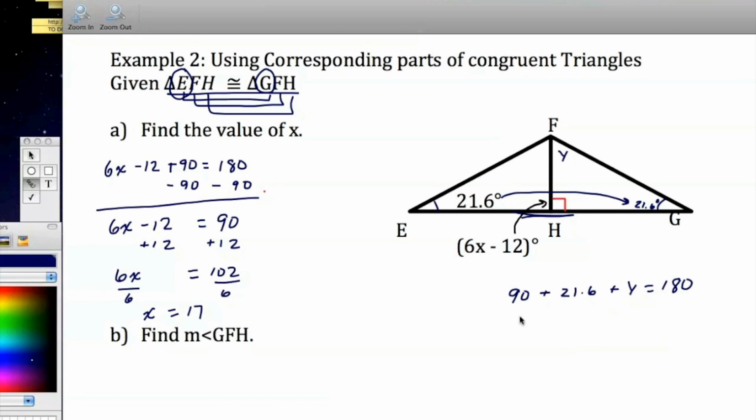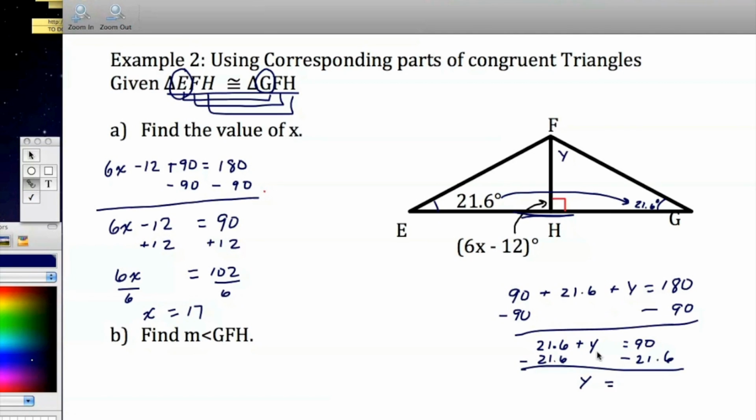Well, when I start subtracting, I've got 90 plus 21.6 plus whatever my angle measure is equal to 180. I'll subtract 21.6 from both sides.